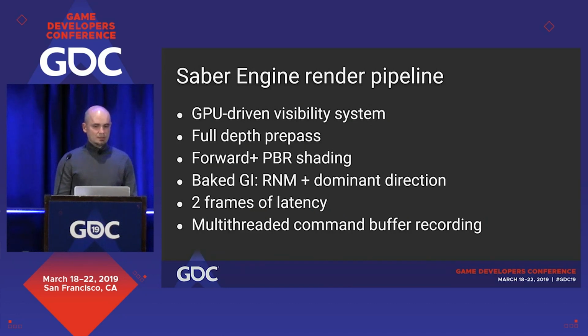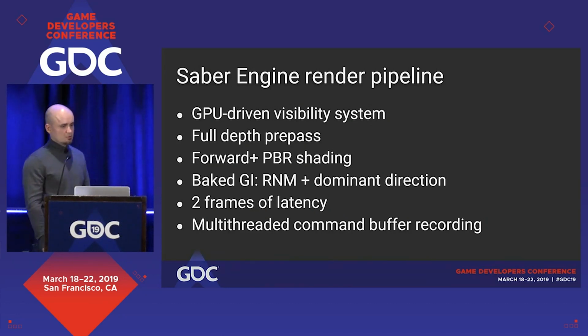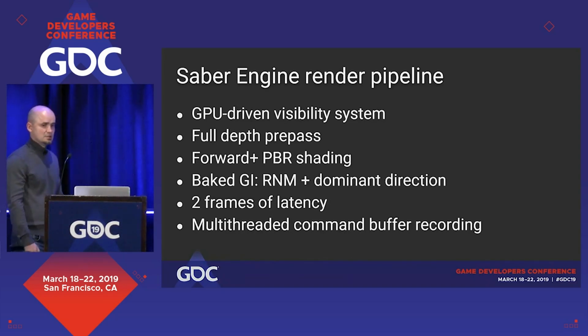Here are the main ideas behind our rendering engine. We are using a GPU-driven visibility system. It does frustum and occlusion culling for the whole scene, and results are then read back by the CPU. Shading-wise, we are doing a rather usual Forward Plus.